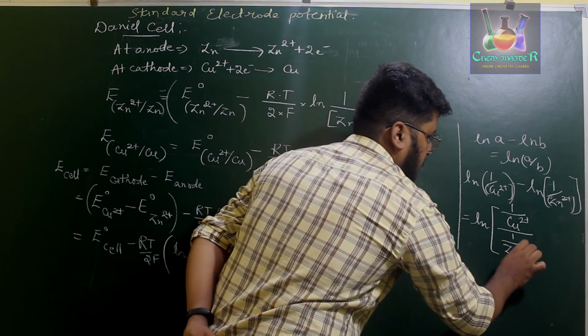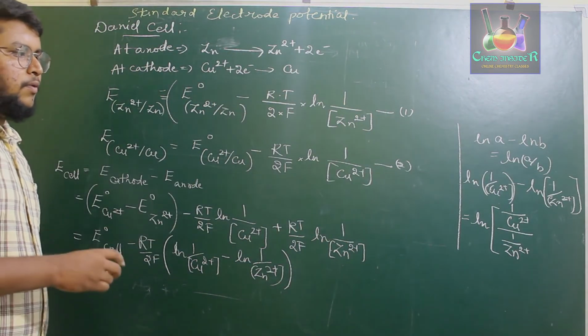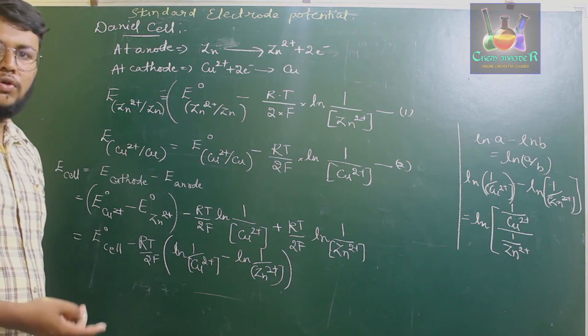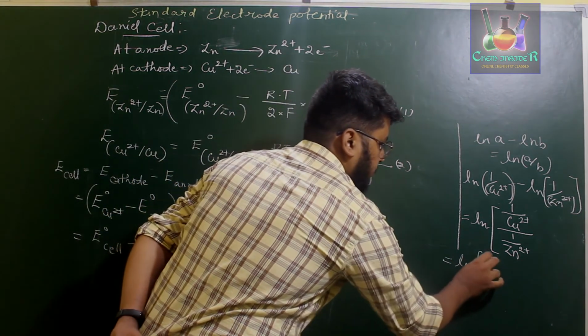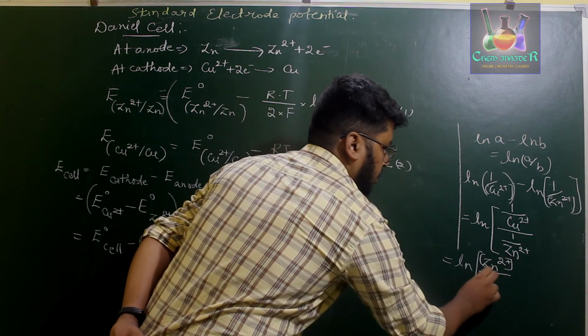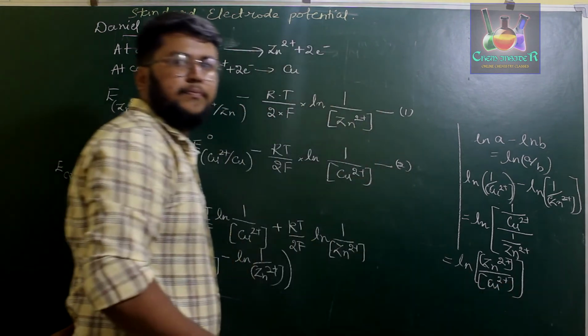So the denominator of the denominator goes to the numerator. This equation will now be ln of Zn2+ ion concentration divided by Cu2+ ion concentration.